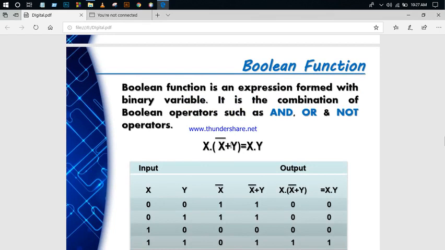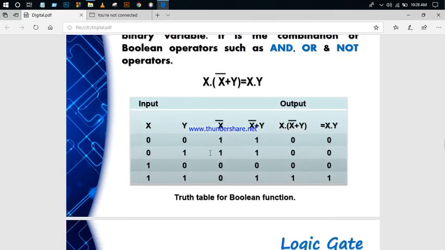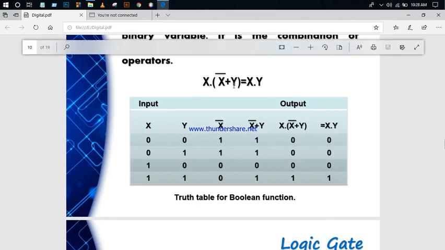This is the Boolean function, and here are the inputs and here is the output. The inputs are X and Y, two inputs, and X bar.